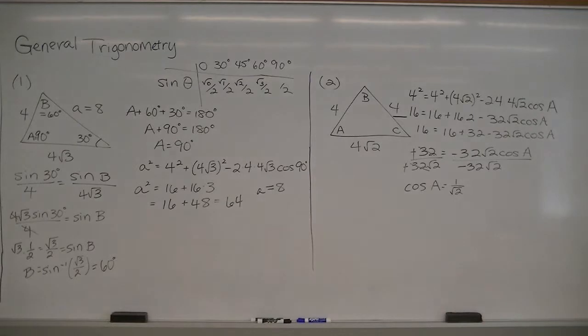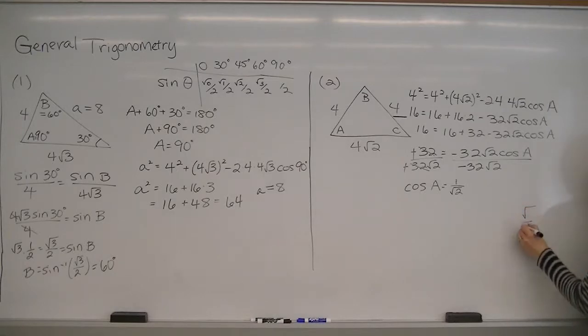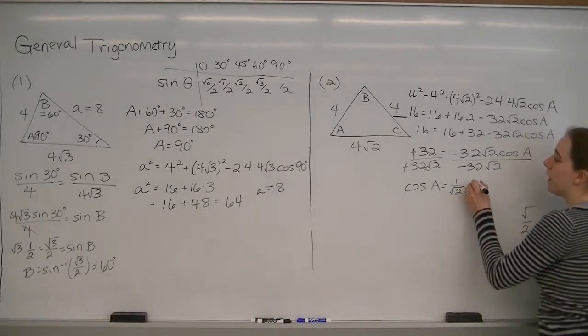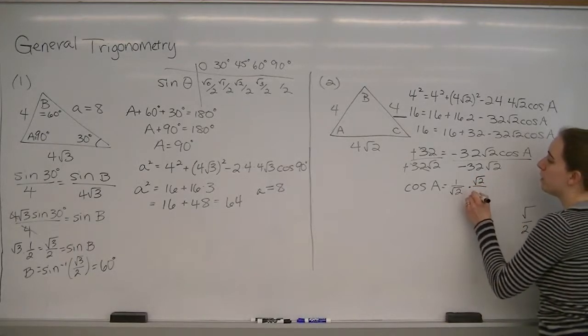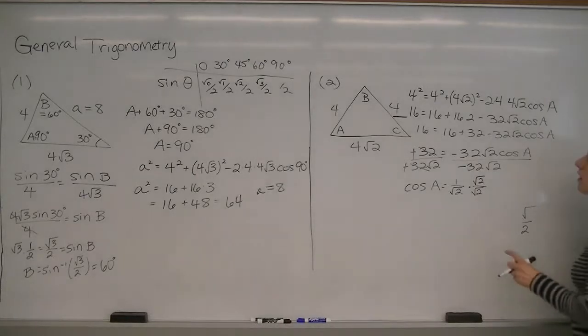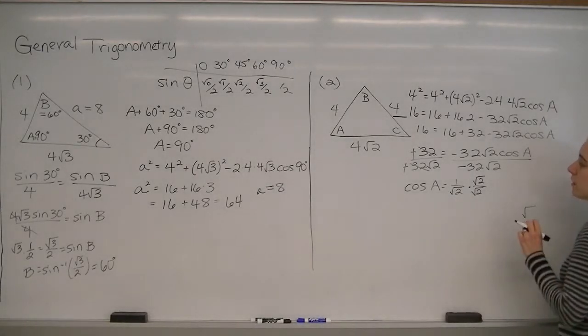Now, if we want to be able to figure out which angle this is, what A is based on our chart, everything in our chart has this form. It's something square root over 2. This doesn't have that form, but I can actually make it have that form if I multiply by the square root of 2 over the square root of 2, which is what's called rationalizing the expression.